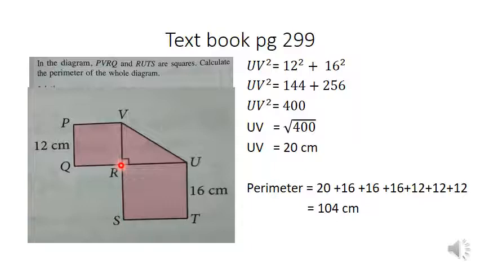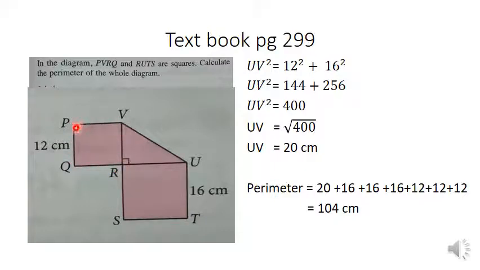Yes, 12 cm. And then, how about RV? What is the length? Also 12 cm. PV? Yes, also 12 cm. Because square. If square, all the sides have equal length. 12 cm, 12 cm, 12 cm, 12 cm.